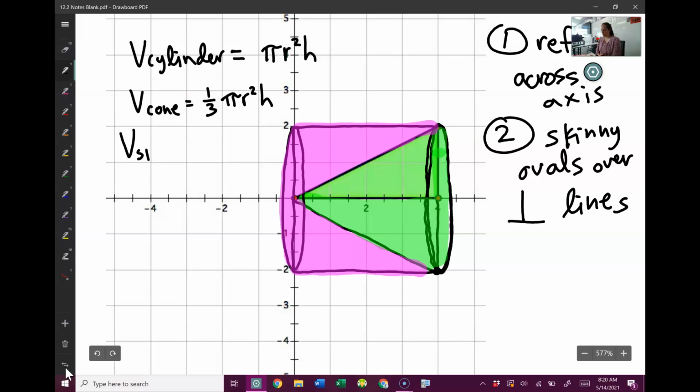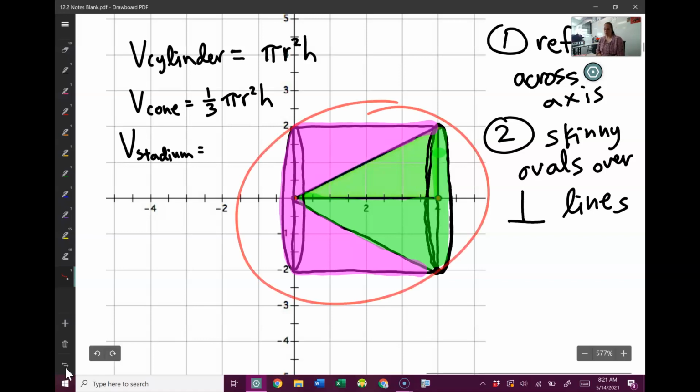So now we want to find the volume of this stadium. So if this whole thing is pi r squared h, the cone is 1/3 pi r squared h. If I take the cone out so that I'm only left with the pink stuff, I essentially want the cylinder minus the cone.